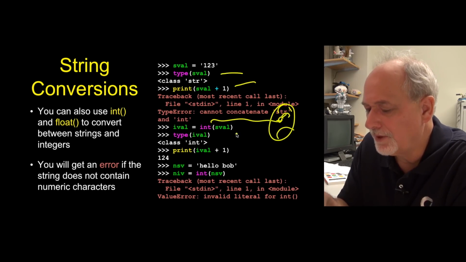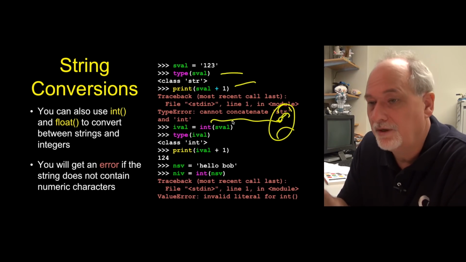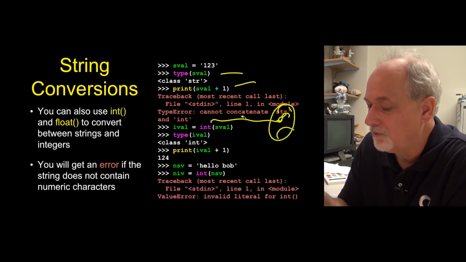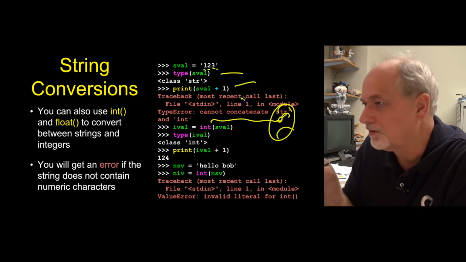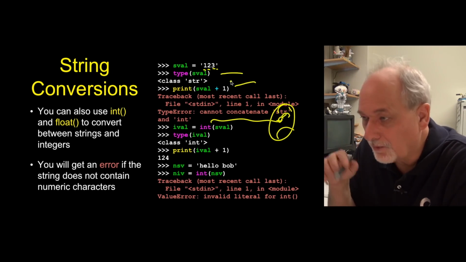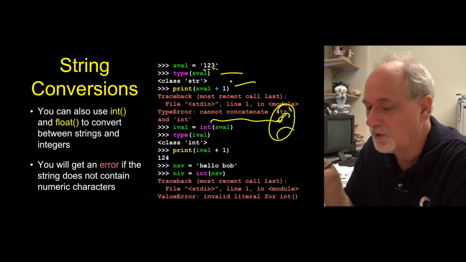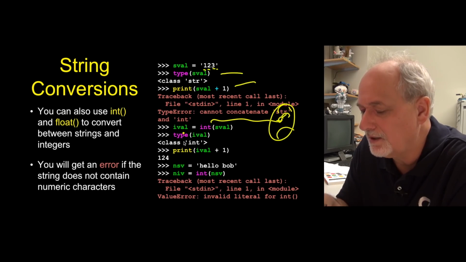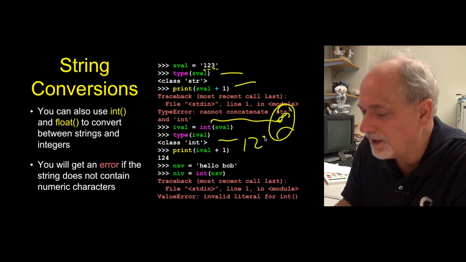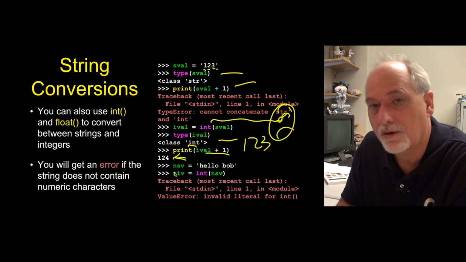But we can convert that string to an integer. int can take a floating point number or an integer or even a string, and it says, I know what I'm supposed to do with a string. I'm supposed to look at this, interpret these as numbers, multiply by 10 and figure out what the hundreds place is and all that stuff. There's a little bit of work to that, and it does it. But then it gives us back an integer, and we say, what is that? That's now the 123, but it is of type int. And now we can add 1 to it and get 124.